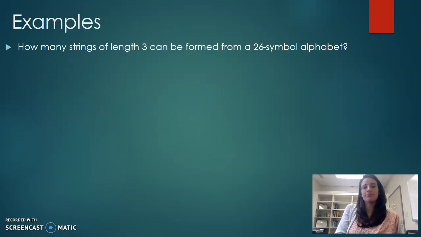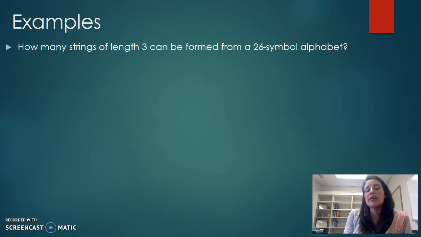Other examples. How many strings of length 3 can be formed from a 26-symbol alphabet? Well, we're trying to make strings of length 3, so I like to draw in 3 blanks that we're trying to fill in.